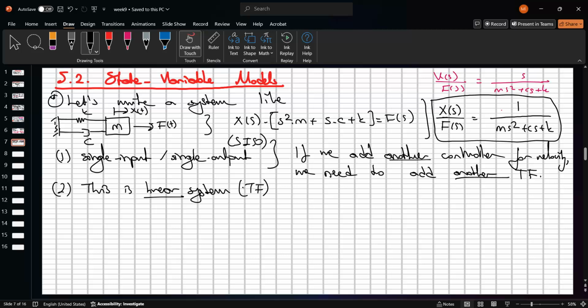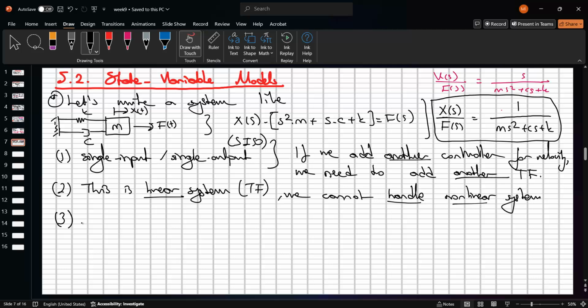Yes, Zülküf? In a nonlinear system, we cannot transform anything by using the S domain; the Laplace transformation is only for the linear one. Okay? We cannot handle the nonlinear system.